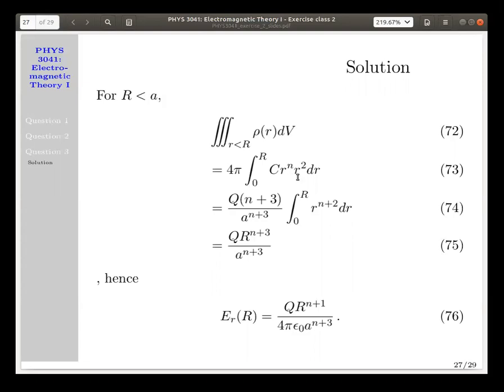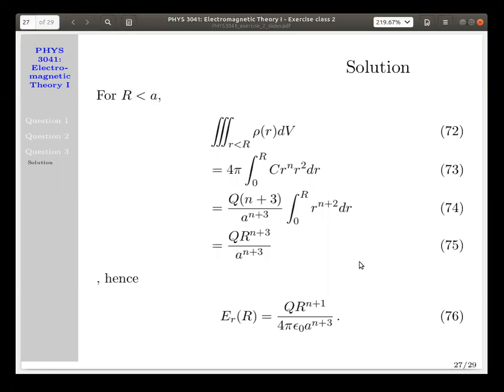Simply we do the integrals, and here c r^n is rho, and dV is 4 pi r squared dr. Then we plug in the c that we have computed in the previous slide, which is this term, and the 4 pi is cancelled. So we only have the integral left here. Then you should be able to get the result to be Q times r to the power n plus 3 over a to the n plus 3.